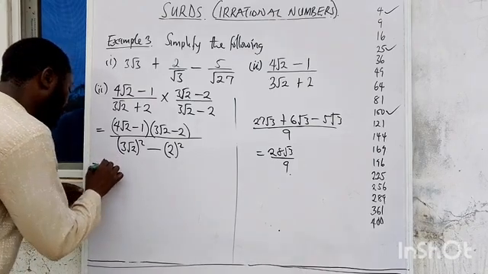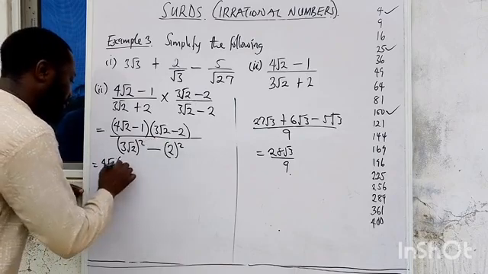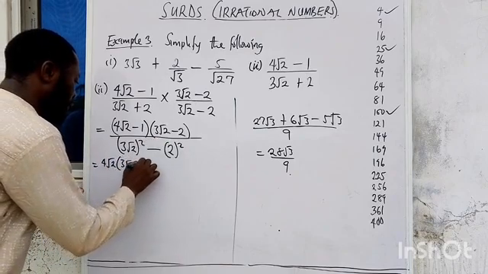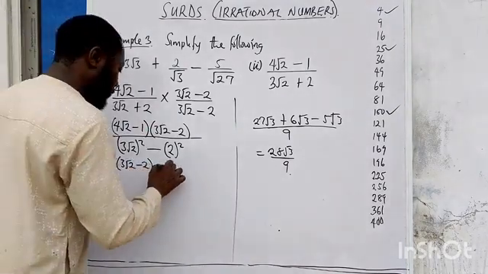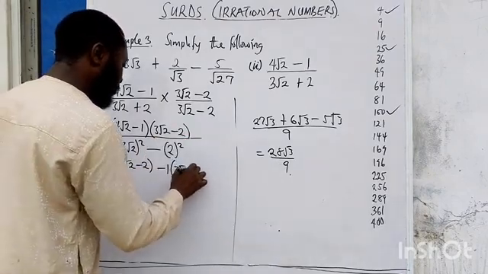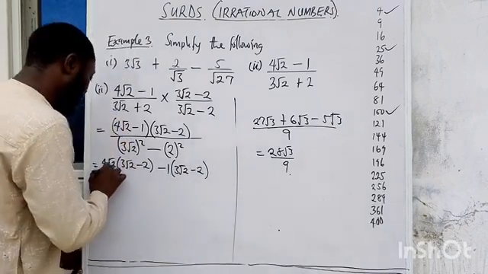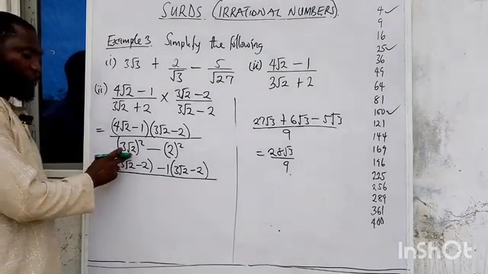So we have 4 root 2 multiplied by this one, 3 root 2 minus 2. You also take this one again, negative 1, minus 1 multiplied by this again, 3 root 2 minus 2. Then everything over. Now we move to this place.